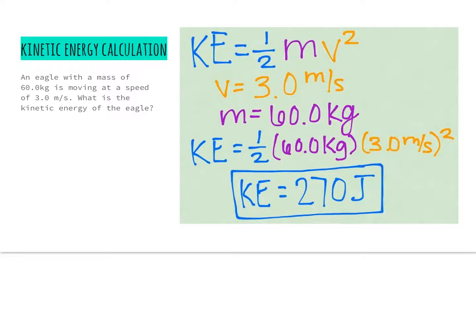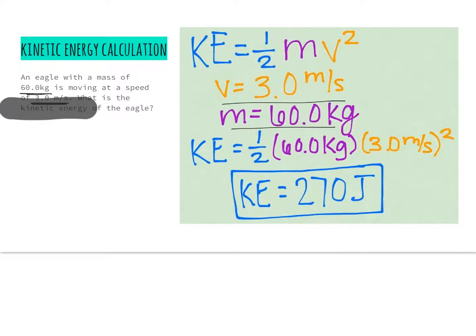Here's an example. If we have an eagle with a mass of 60 kilograms moving at a speed of 3 meters per second, we want to find the kinetic energy of the eagle. The way we do that is we write the equation, KE equals 1/2 mv squared, with our velocity and mass.